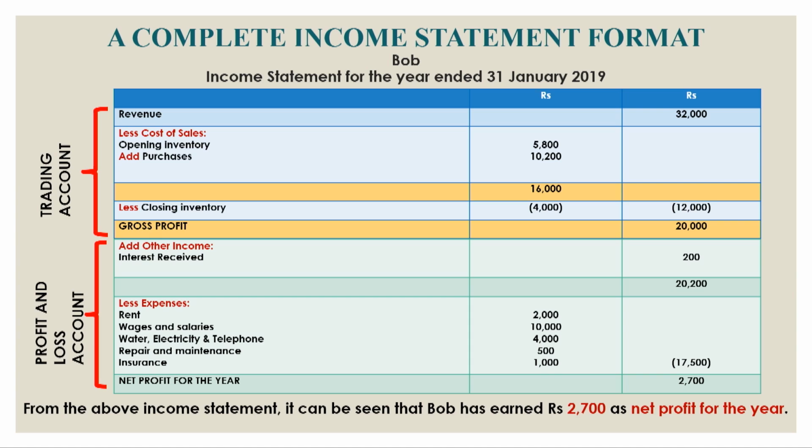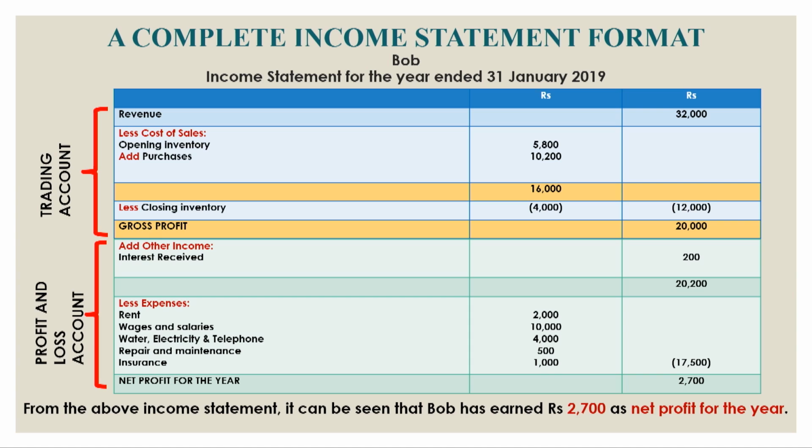These figures are recorded in the second column, and the total of 17,500 rupees is recorded in the third column. Therefore, the company has made a net profit for the year of 2,700 rupees. This is calculated by deducting 17,500 rupees from 20,200 rupees.